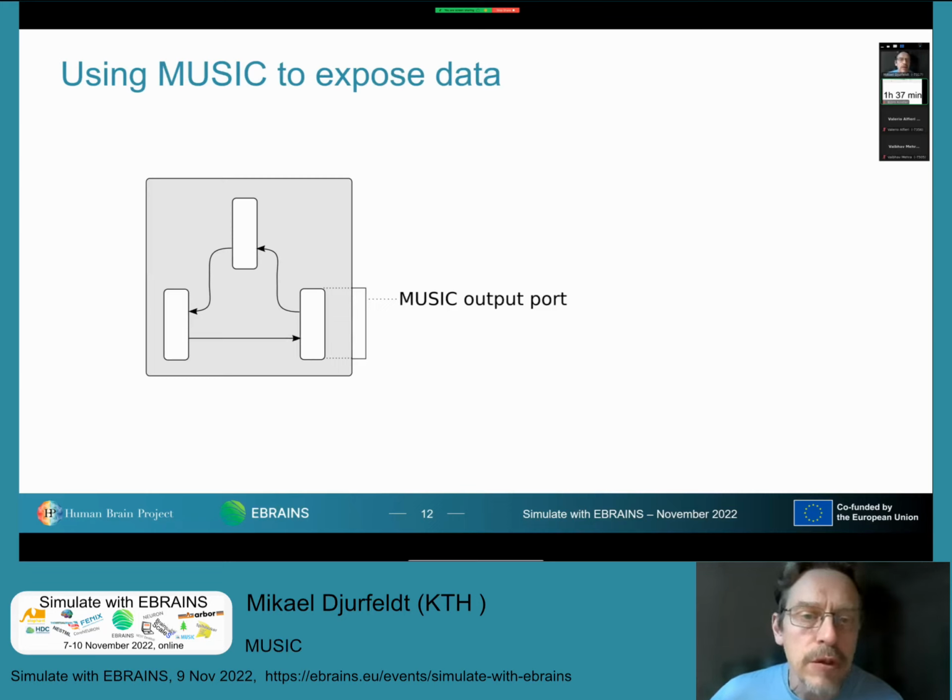What you can do with MUSIC is that you can expose, for example, the spiking activity of a neuronal population. You can also ship other kinds of data, but we'll talk about the spikes here mostly. And then the application can publish this spiking data as a MUSIC output port.